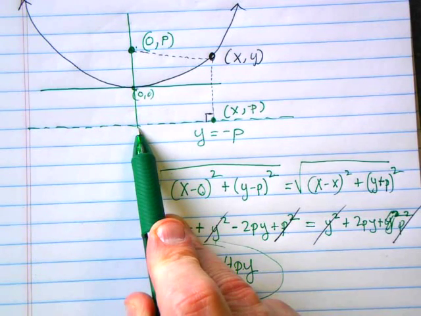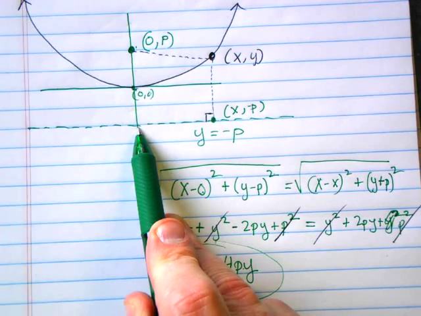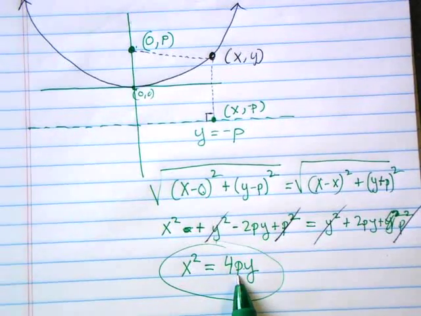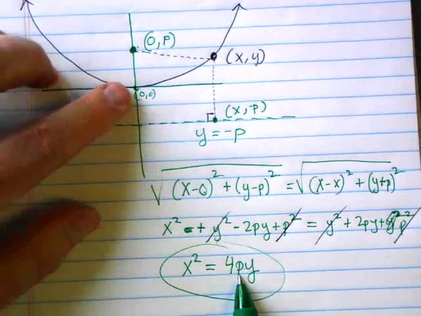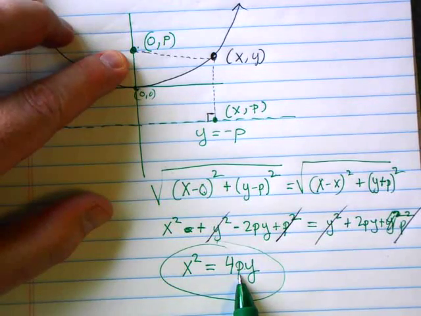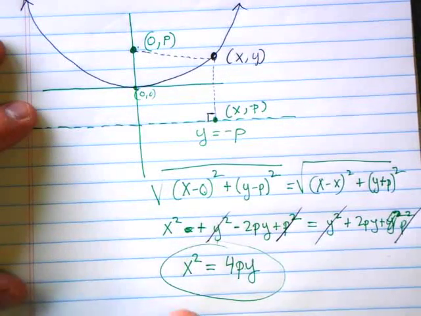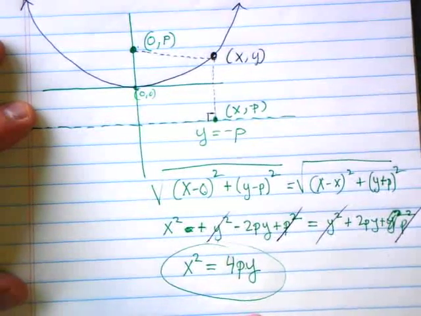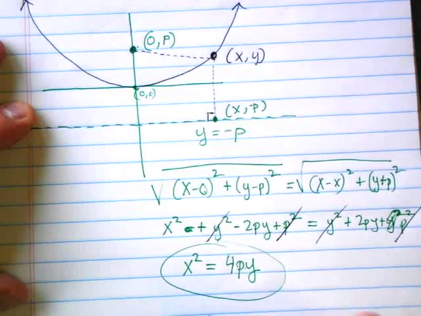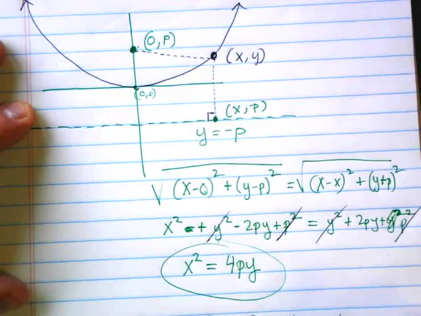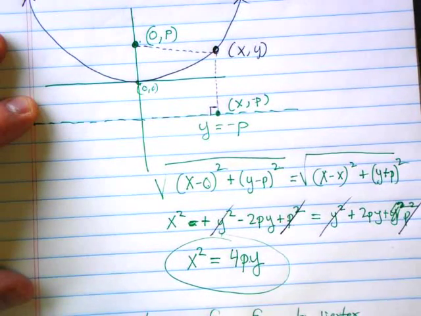What did I call that line? Directrix. So p tells you the distance from vertex to focus. It's also the distance from vertex to directrix.